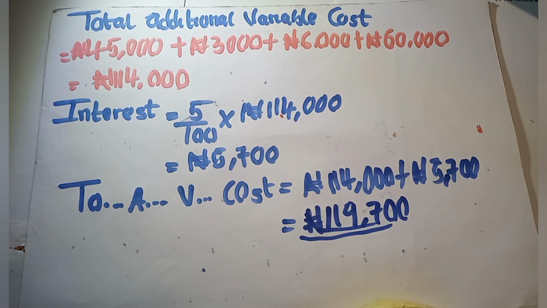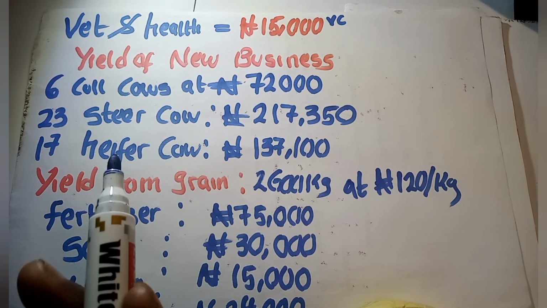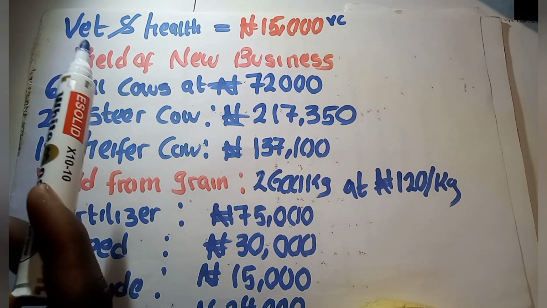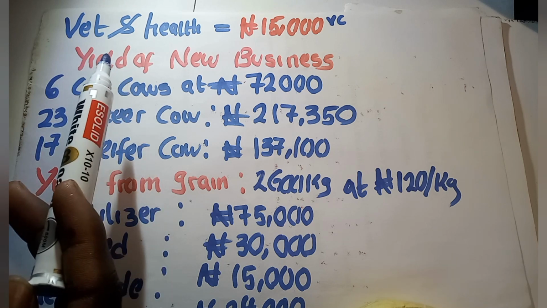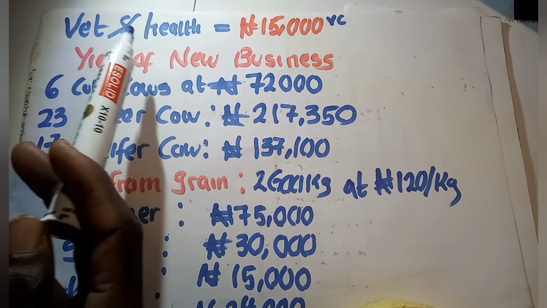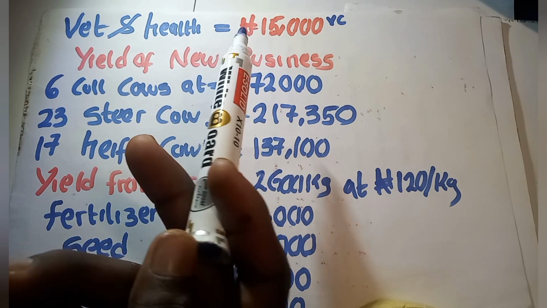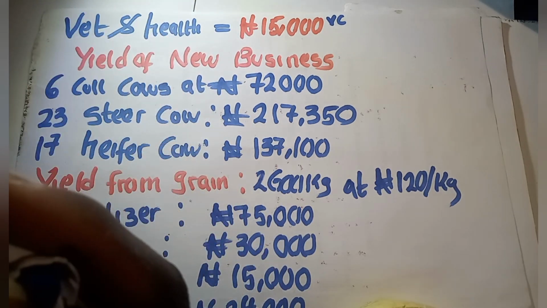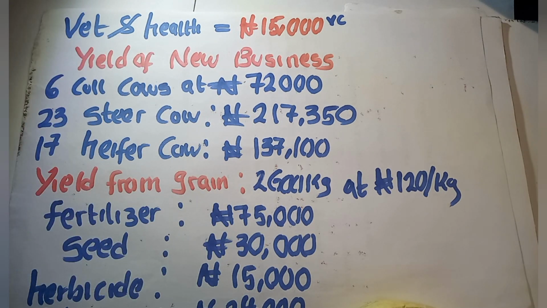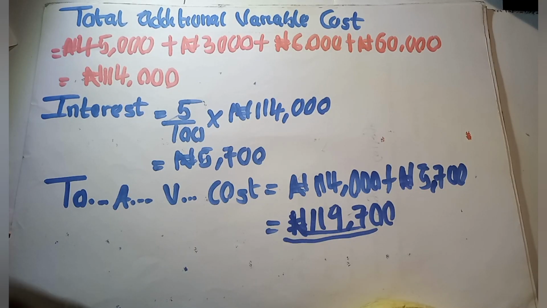Let's proceed with other costs that we have in the questions. Yeah, there was a mistake here. We're supposed to add the veterinary and health, which is also a variable cost, and we didn't add it.